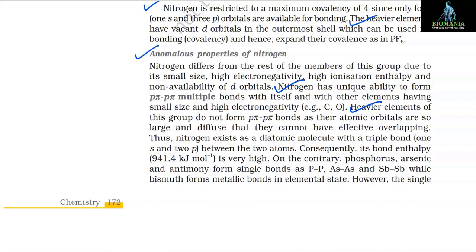Thus, nitrogen exists as diatomic molecules with a triple bond, one sigma and two pi, between the two atoms. Consequently, its bond enthalpy is very high. It is 941.4 kJ per mole. On the contrary, phosphorus, arsenic and antimony form single bonds as P4, As4 and Sb4, while bismuth forms metallic bonds in the elemental state.